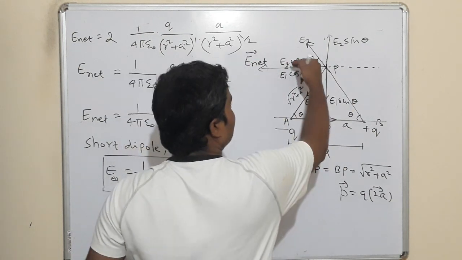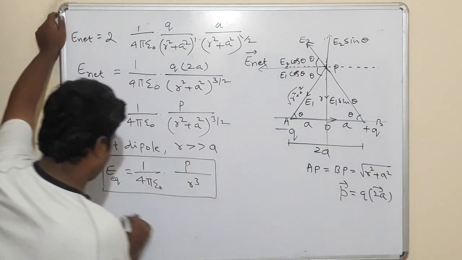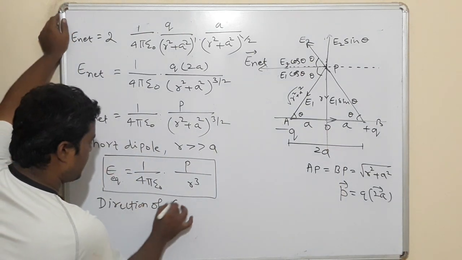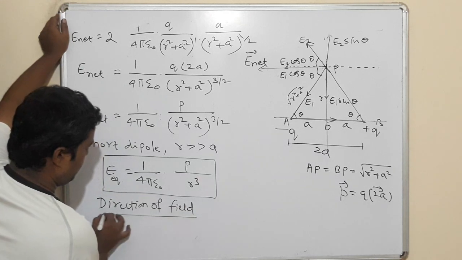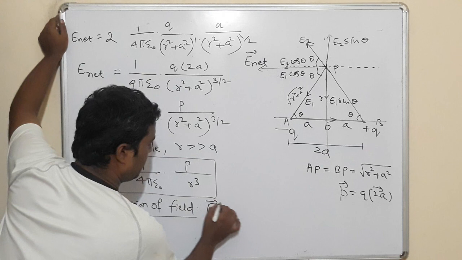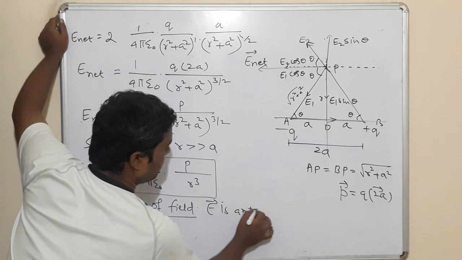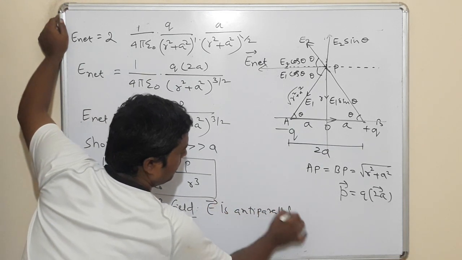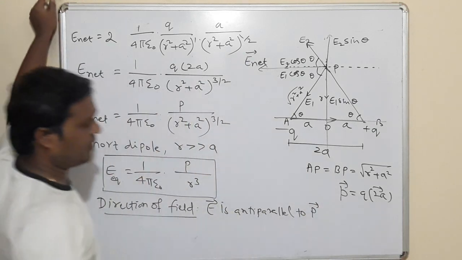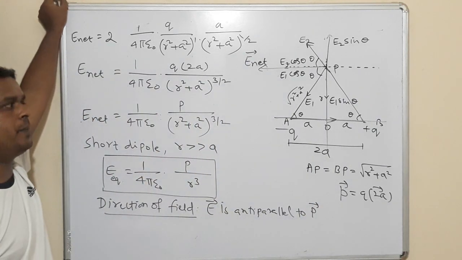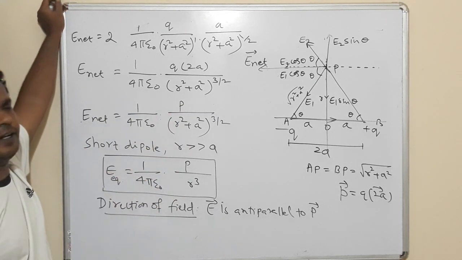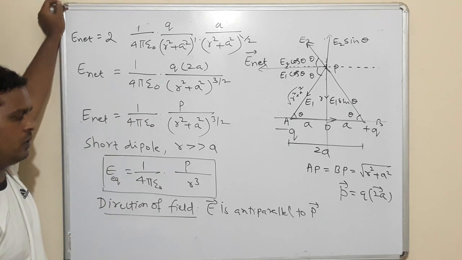That means what is the angle between them? If you want to write the direction of the field, you can write E is anti-parallel to P, or the angle between E and P is 180 degrees. Okay?